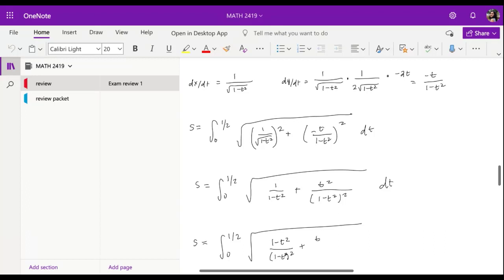And so our numerator actually cancels out the t squared terms, and so we'll have the integral from 0 to 1/2 of the square root of 1 over 1 minus t squared dt.